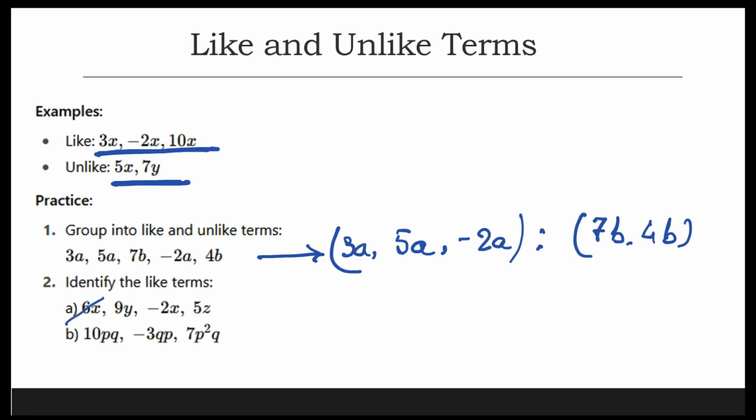In this one, 6x, 2x is one set of like terms. 9y is a separate term, 5z is a separate term. They are not like terms. In this one, 10pq and 3qp. qp and pq is same, p and q. So these two are like terms. The third one is not a like term.